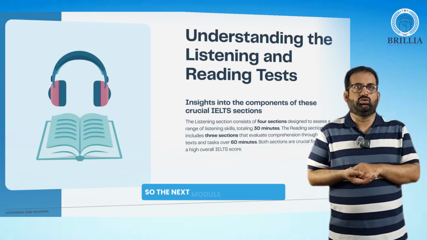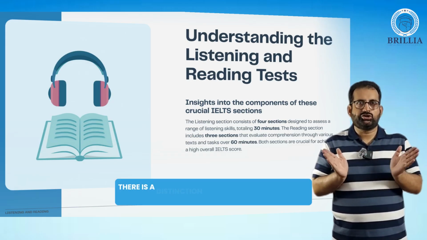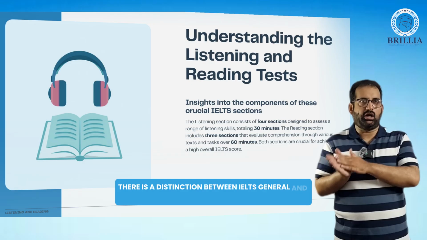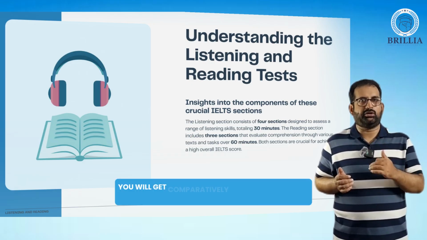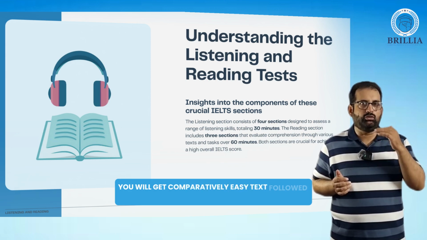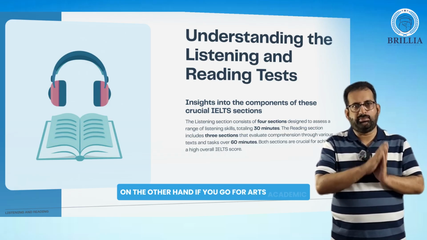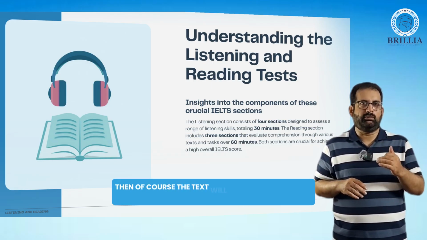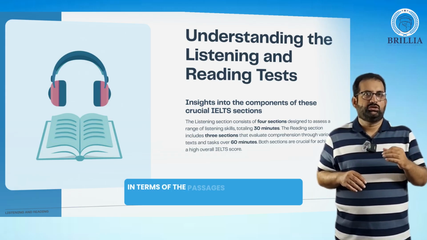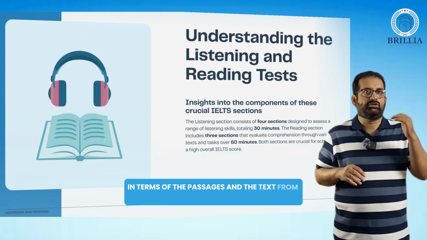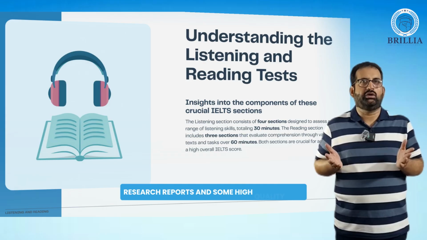So the next module will be reading. And in the reading, there is a distinction between IELTS General and IELTS Academic. If you go for IELTS General, you will get comparatively easy text followed by some questions. On the other hand, if you go for IELTS Academic, then of course the text will be a little bit heavier and more difficult in terms of the passages and the text from different academic papers, research reports, and some high quality text.